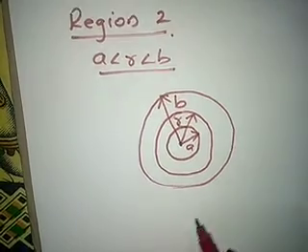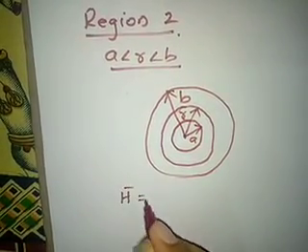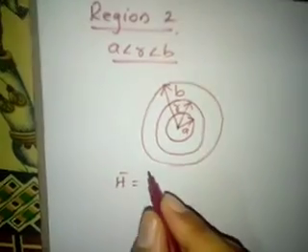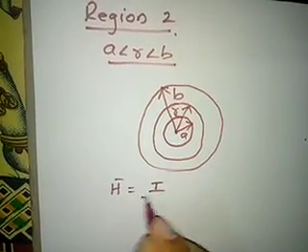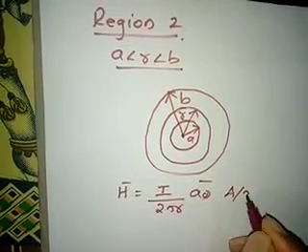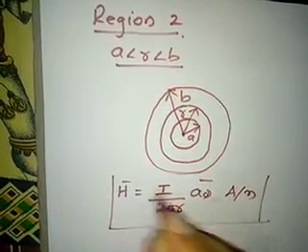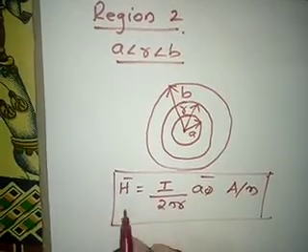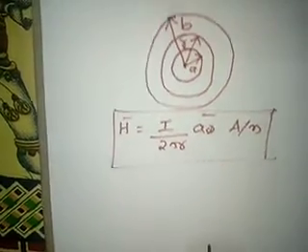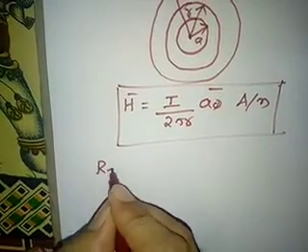So we can write the equation for h bar. We know the equation for h bar due to an infinitely long straight conductor: h bar is equal to I divided by 2 pi r a phi bar ampere per meter. So this is the equation for region 2. Next is region 3.